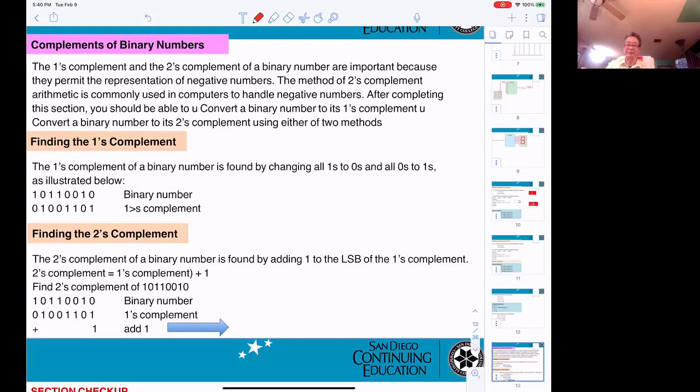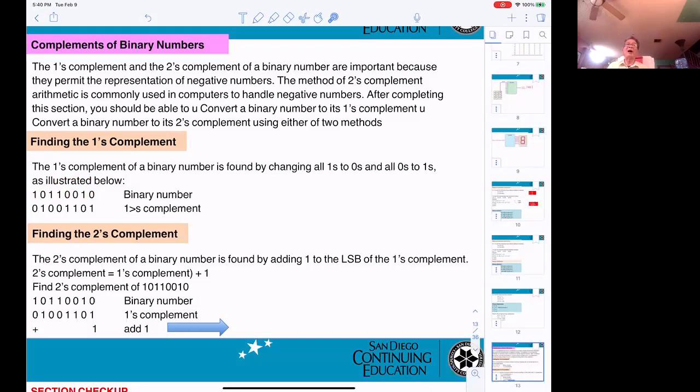That's an easy one. Okay? So you get a binary number 1, 0, 1, 1, 0, 0, 1, 0. This is the number here. And if you want the first complement, change 1 to 0 and 0 to 1. That's what you get, the first complement.